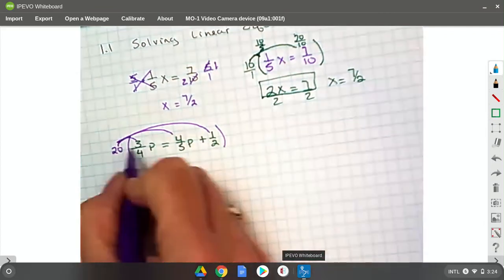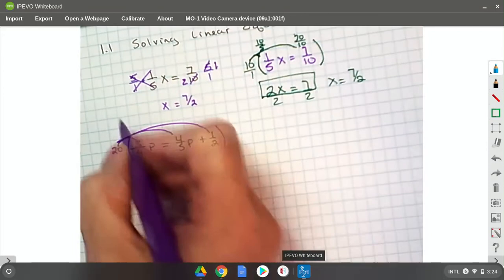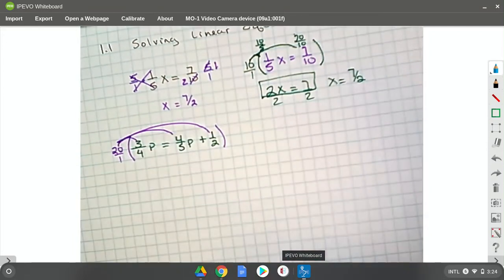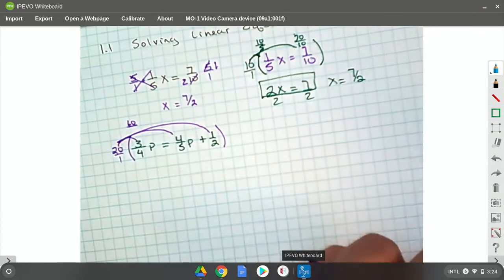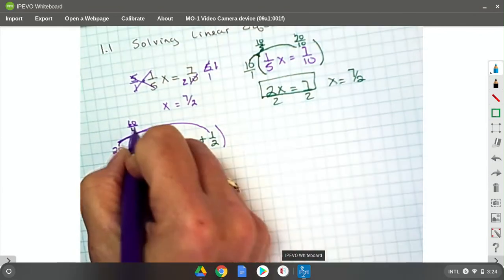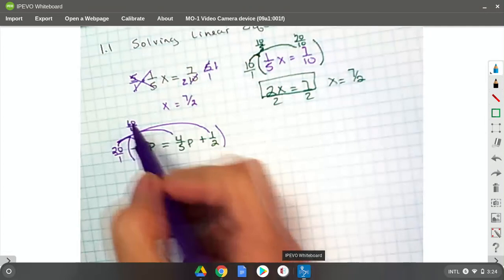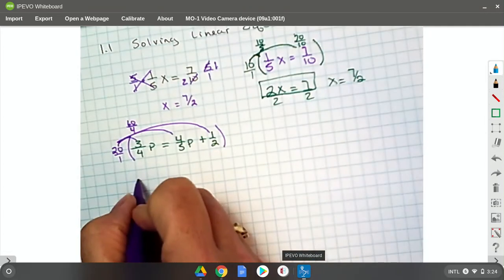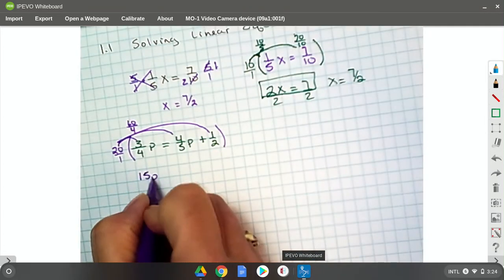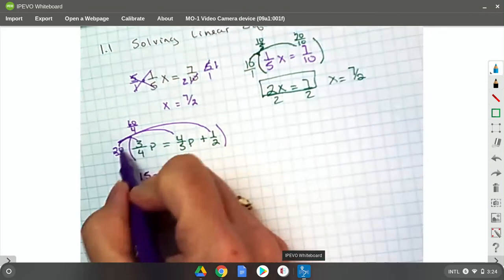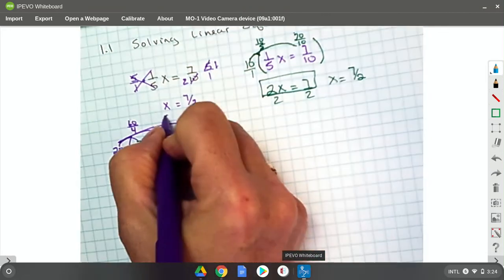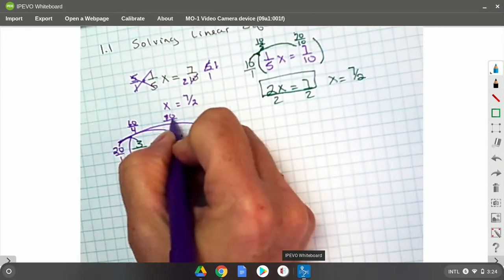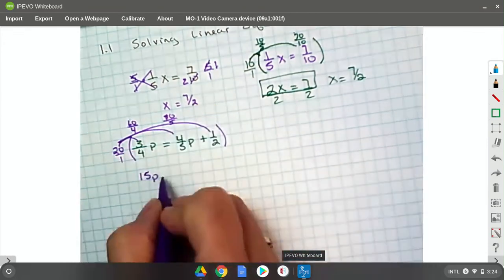So if I do 20 times 3/4 over 1, 20 times 3 is 60. 1 times 4 is 4. All right. 60/4 reduces down to 15p. 20/1 times 4/5. 20 times 4 is 80. 1 times 5 is 5.